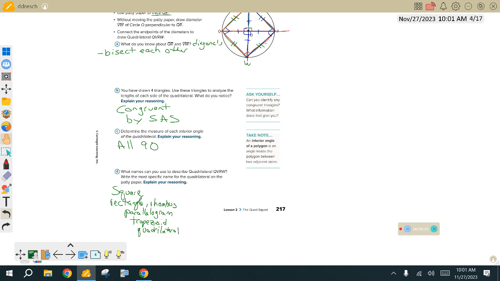What else do we know about them? They are congruent. QR is congruent to VW. Why? Well, it's the same diameter, isn't it? It's all the same circle. QR and VW is the same type of diameter. They bisect each other, they're congruent. And there's one other thing that's drawn for you. I can't think of it.